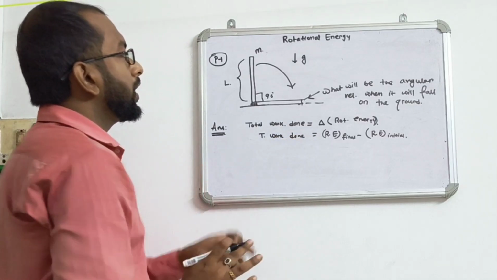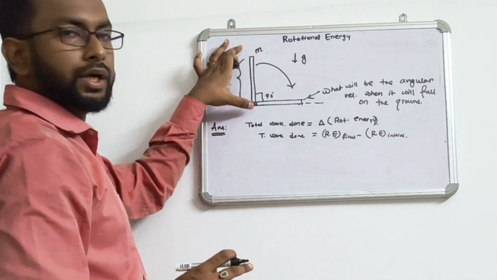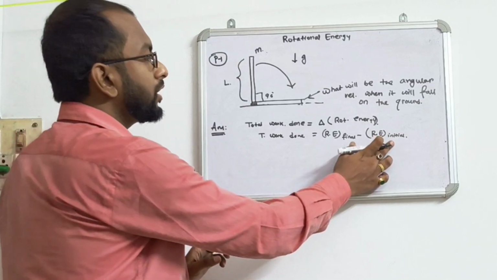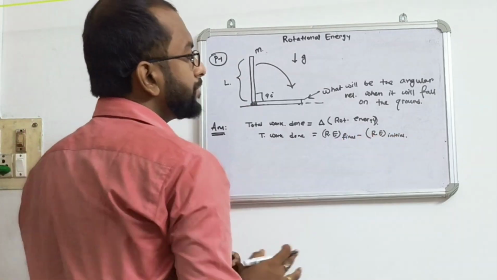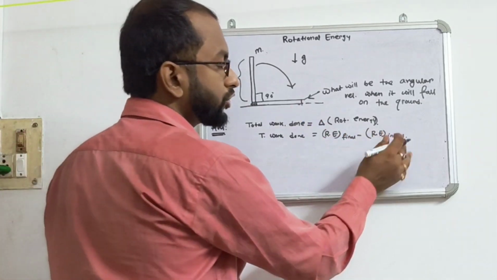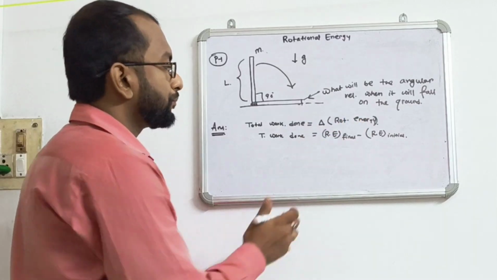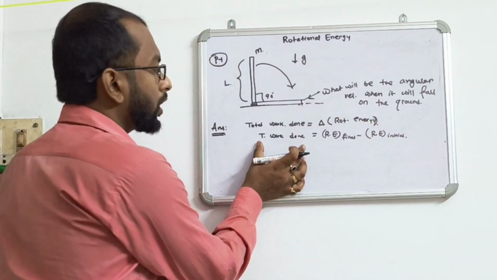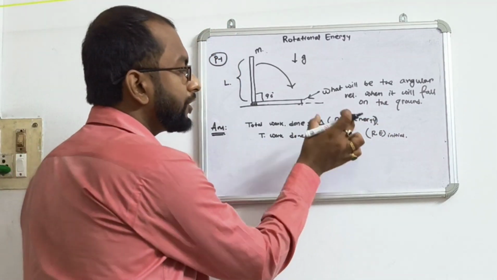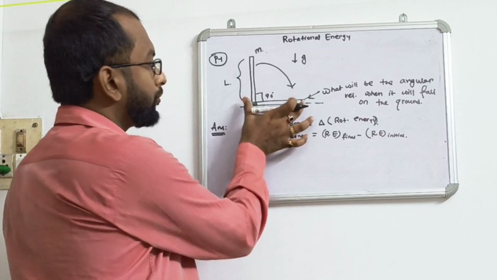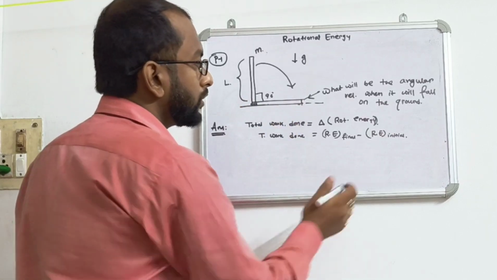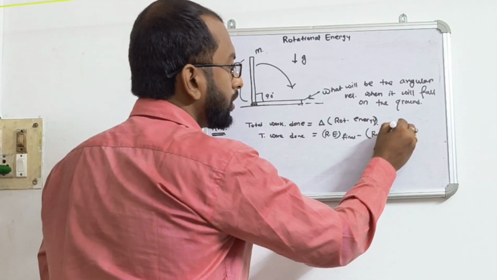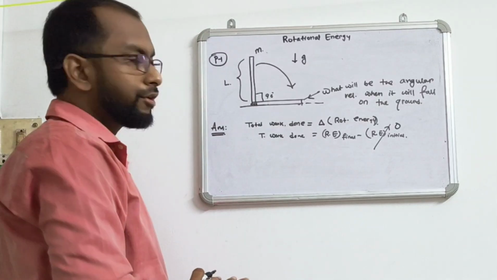Initially the rod was at rest, so the initial rotational energy will be 0. Half of I omega square will be 0 because omega was 0. So the net work done will give it the rotational energy when it falls on the ground.